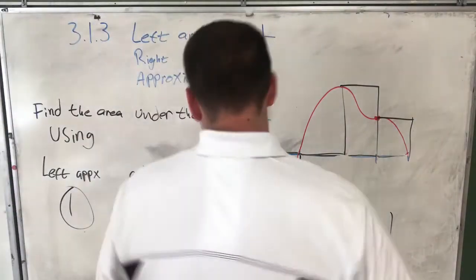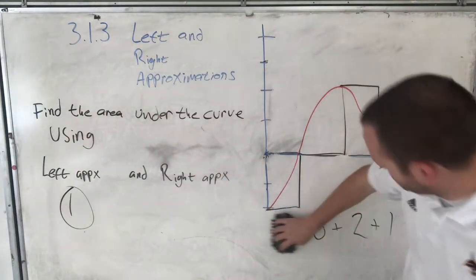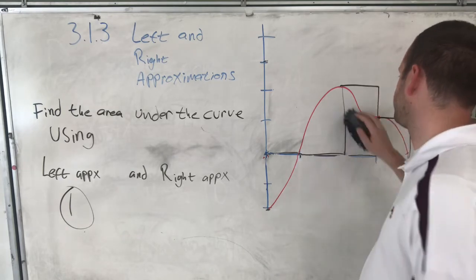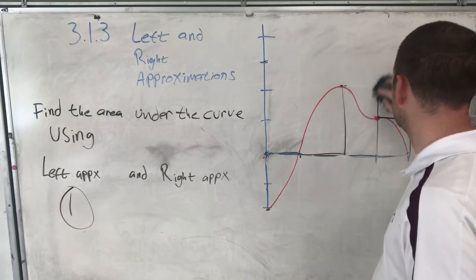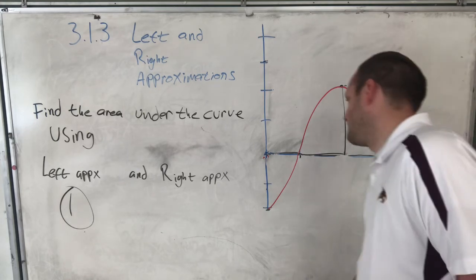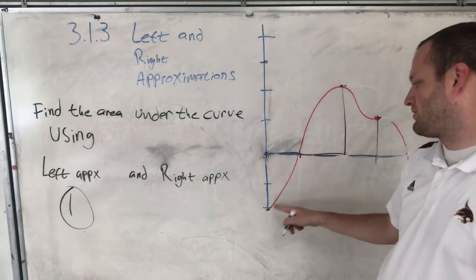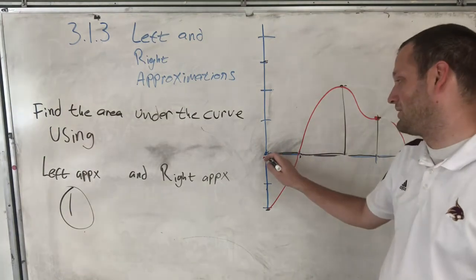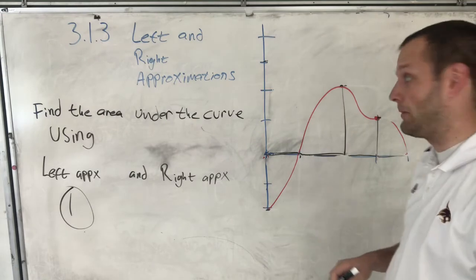Next up, let's try it with right approximations. Let's see what we get when we do right approximations. There you go. When we're doing right approximations, on this curve, the rightmost point is 0. So we're not even taking into account any negative numbers, okay?